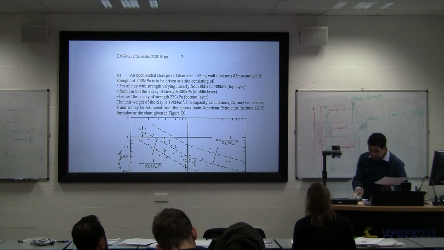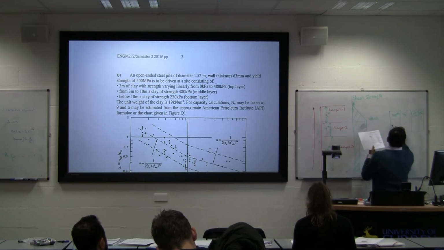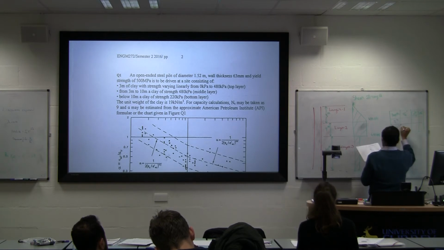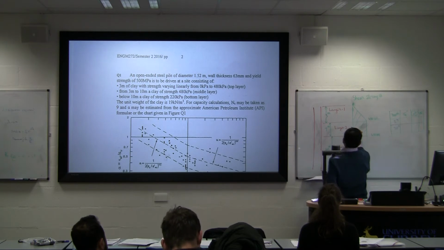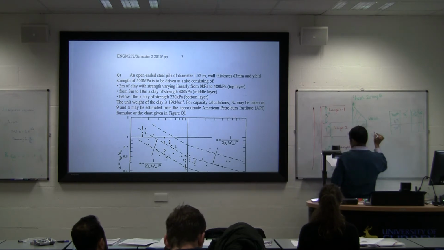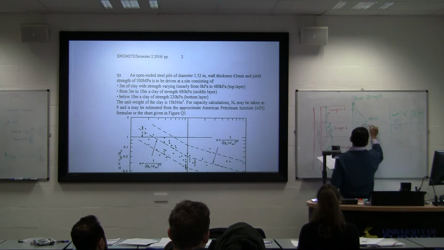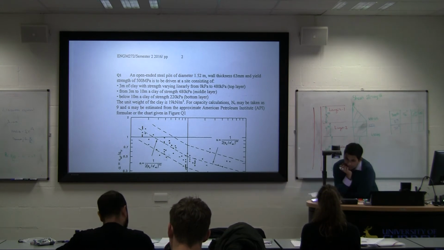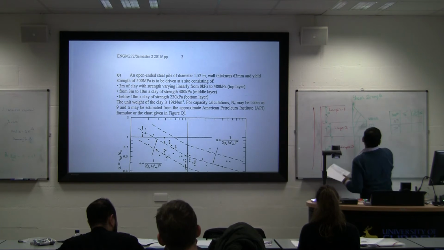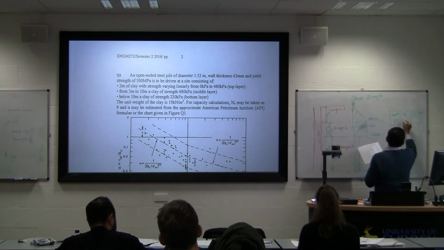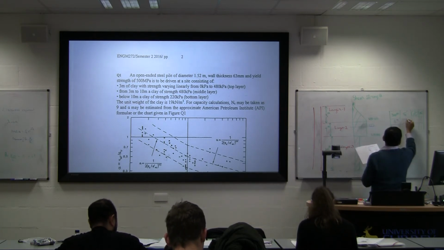So you can do a small chart like this. There are 2 values, 5 meters and 30 meters. So at 5 meters, what is the vertical stress? Around 45 kPa, so 5 times 9.